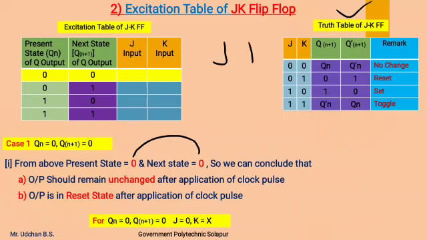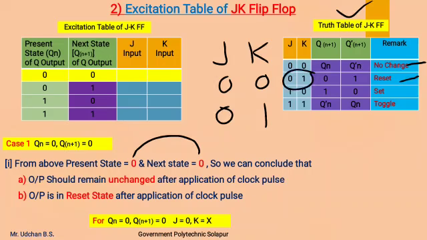For that, the value of J and K will be, here is the truth table in which no change state is shown over here, for which value of J and K are 0 0, and as next state value is 0, we can say that output is in reset state, for which the value of J is 0 and value of K is 1 over here.